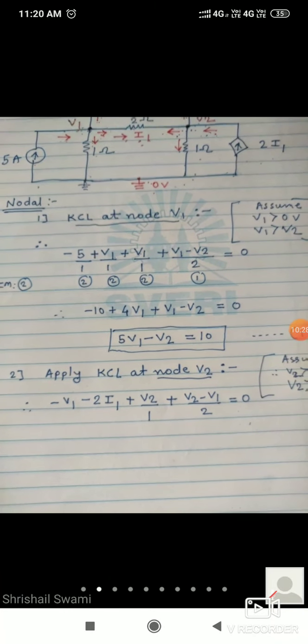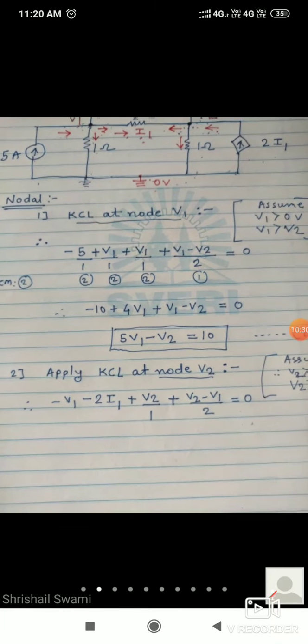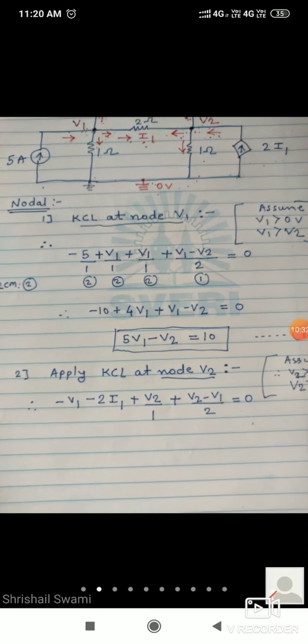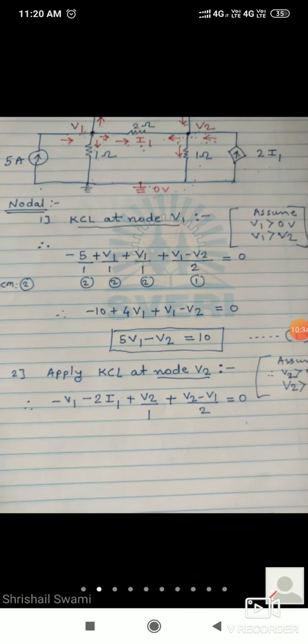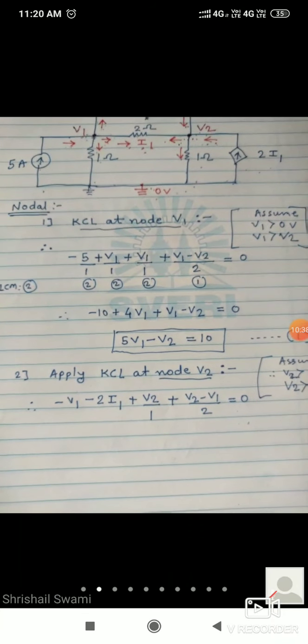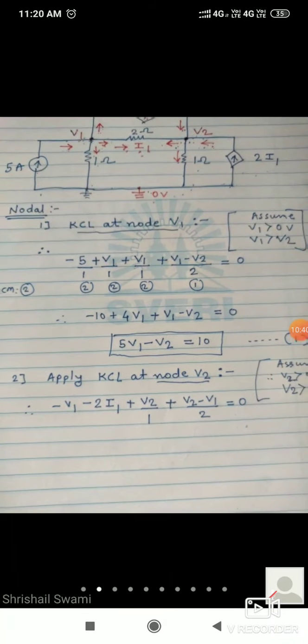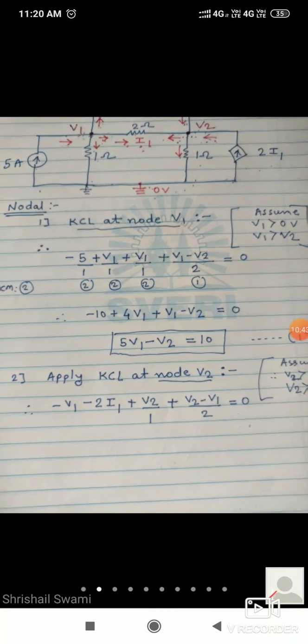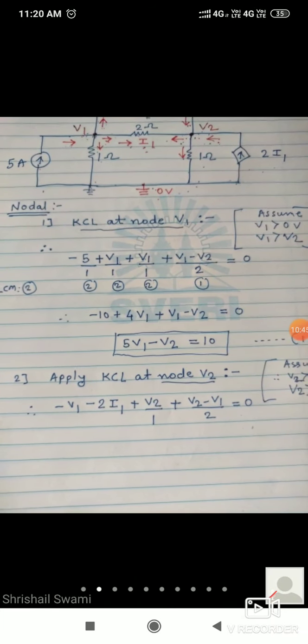There are three unknowns. Okay, so we are interested to find out V1 and V2. We are not interested to find out I1. So think how to replace I1.